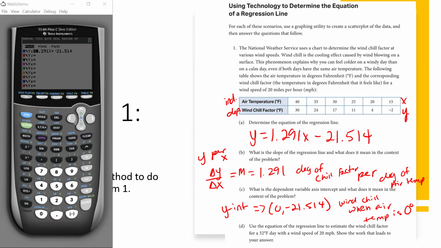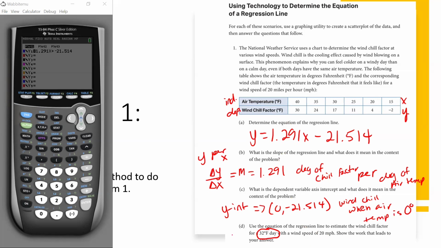All right, last part. Using technology, it says if the wind chill factor is 32 degrees Fahrenheit for the day, at a wind speed of 20 miles per hour, which is irrelevant because that's how fast all of them have been going, right? Show the work that leads to your answer.